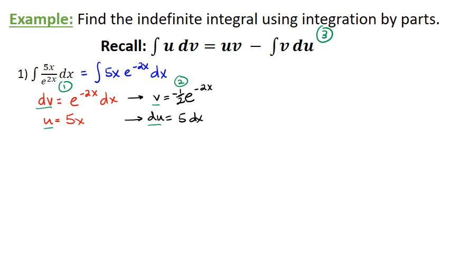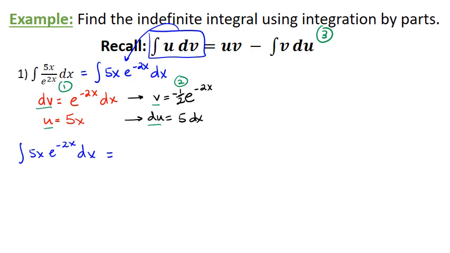Plugging this in, the integral of u, which is 5x, dv, which is e to the negative 2x dx, is equal to the following. Just notice that what I have here is the same thing that I have rewritten.